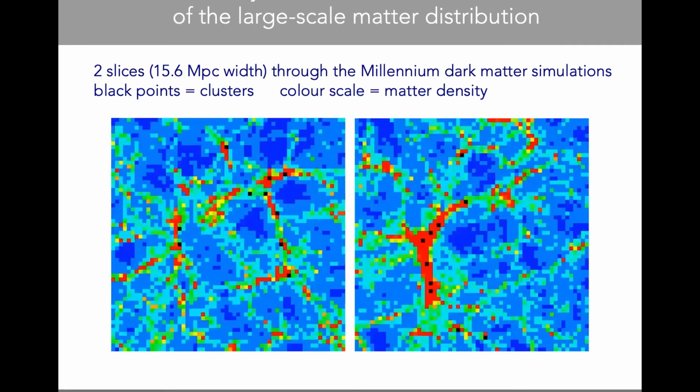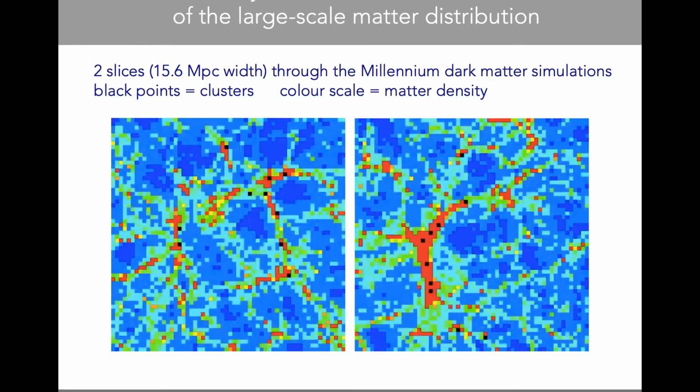To illustrate that galaxy clusters trace the large-scale structures very well, I use the Millennium simulations, N-body computer simulations that were done quite a while ago. You see here density maps of the large-scale structures. These are slices through the simulation cube of the Millennium simulations.